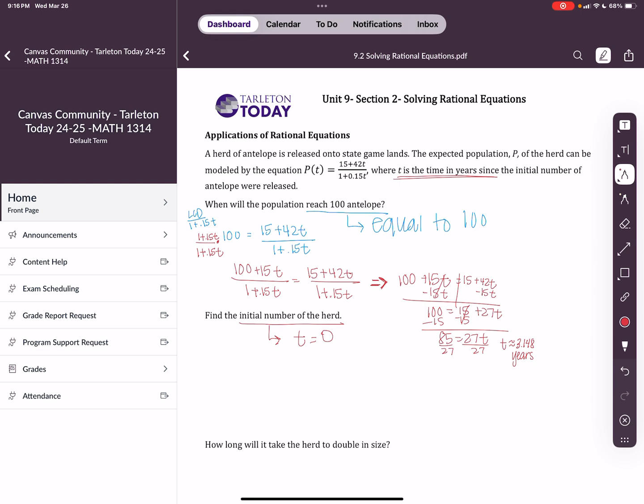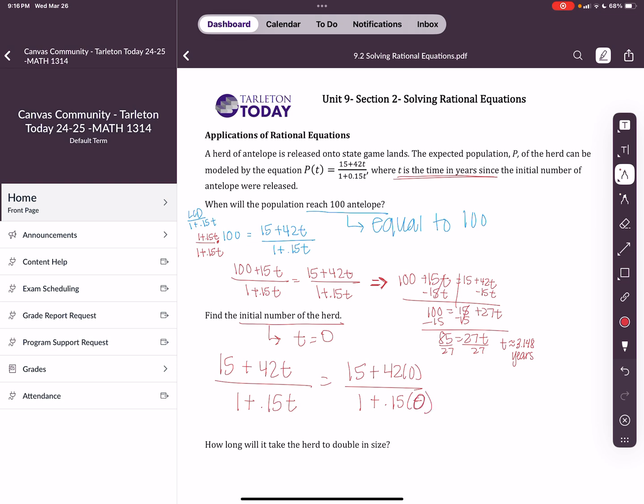And so what we're going to do, and this one actually is extremely simple, we're just going to use the original equation they gave us. 15 plus 42t over 1 plus 0.15t. Well, as we just said, time is 0 because it's initial. So that's going to be 15 plus 42 times 0 over 1 plus 0.15 times 0.